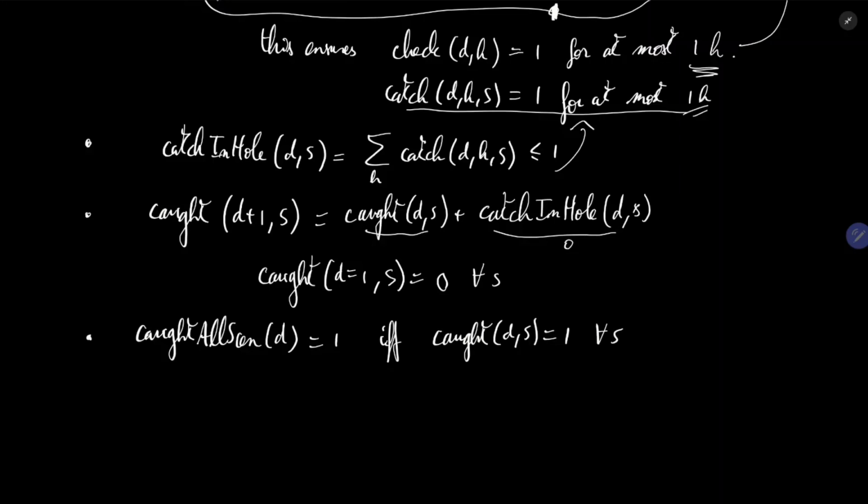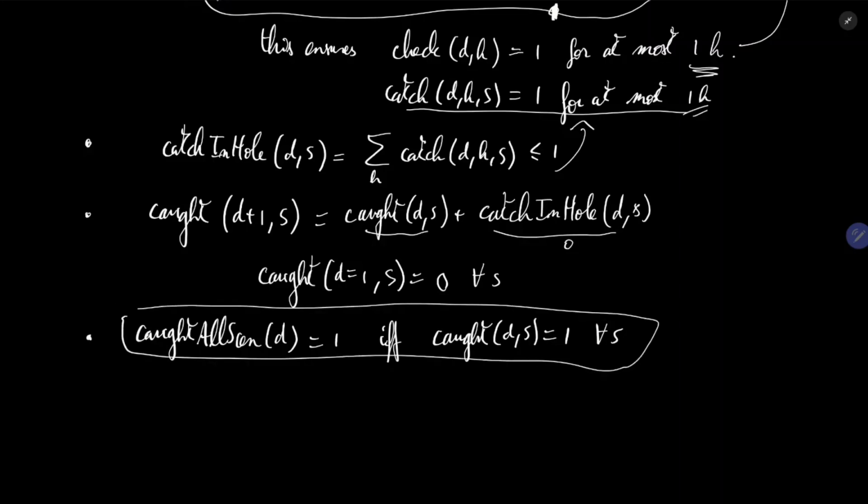So this is okay to write it mathematically this way, but we have to find some linear equations so we can integrate it into the mathematical programming problem. So we cannot write this in the optimization problem, but what we know is that this cannot be equal to 1 if at least one of the caught ds is not equal to 1.